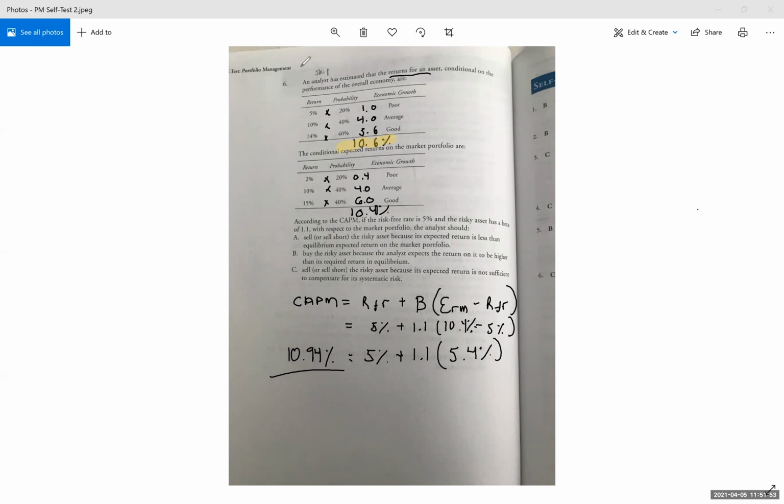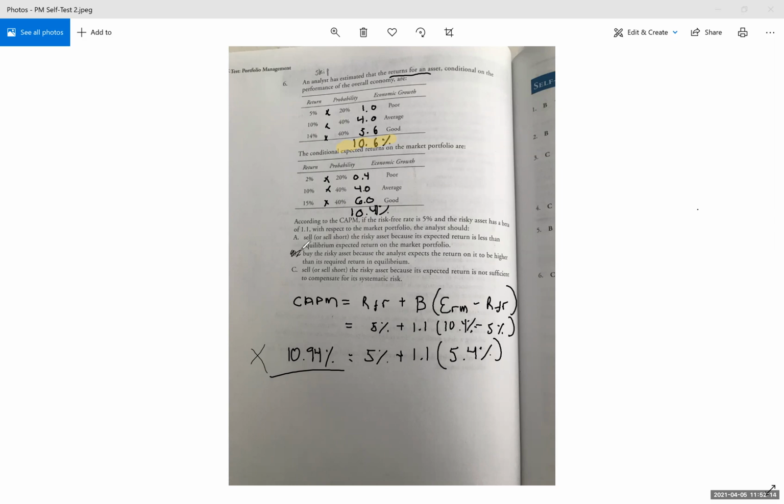So right away, we can just say, this is not looking like a good deal. Our expected return does not live up to our required return. So that tells me that we're not buying, we're going to sell. So we can get rid of B.